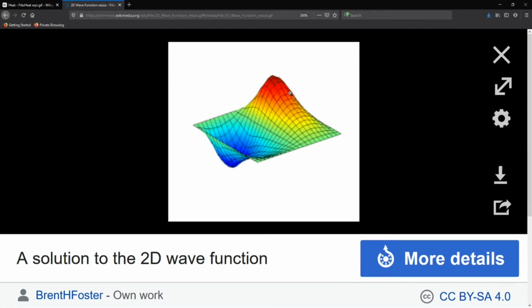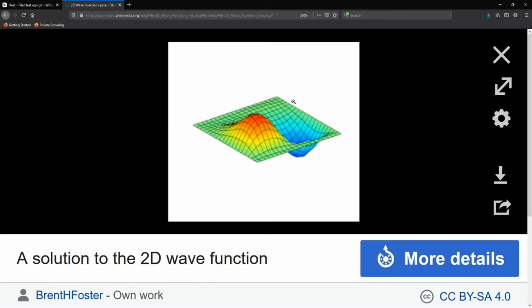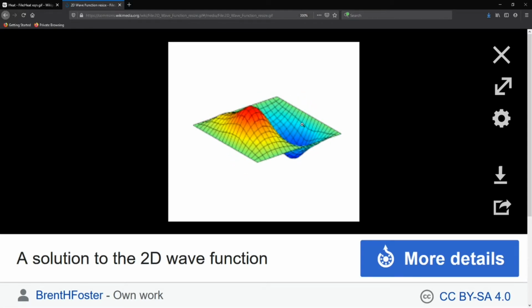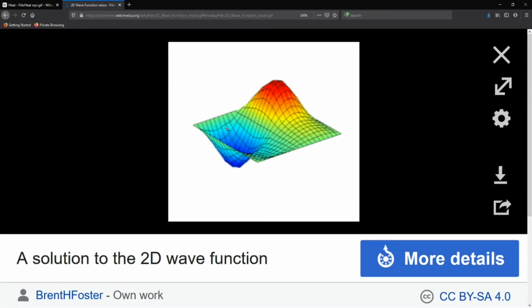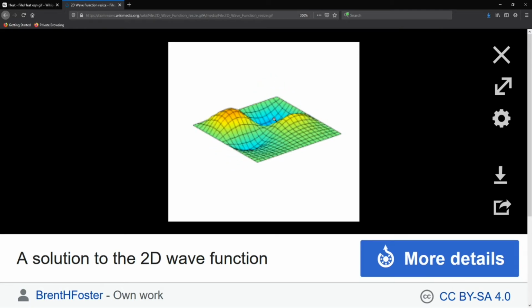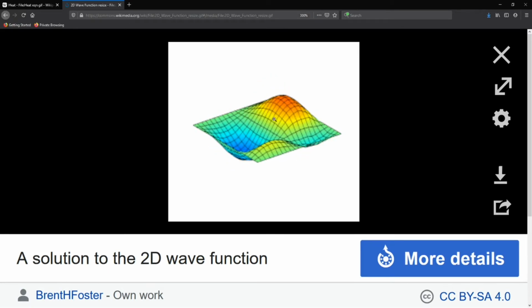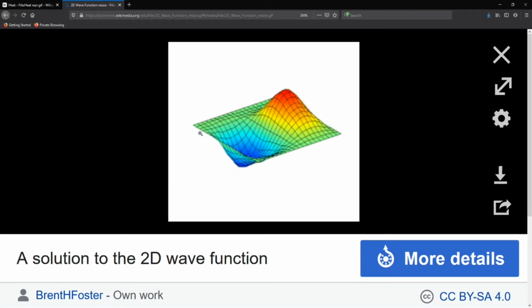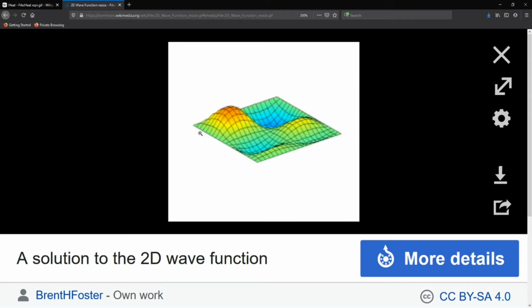Right, you see that you give it some sort of initial strike with certain boundary conditions, the waves will reflect off one another, reflect off the sides, and continue to go forth. And what's plotted here is the wave function as a function of two spatial variables and the time variable as well. It's sort of like an animation.